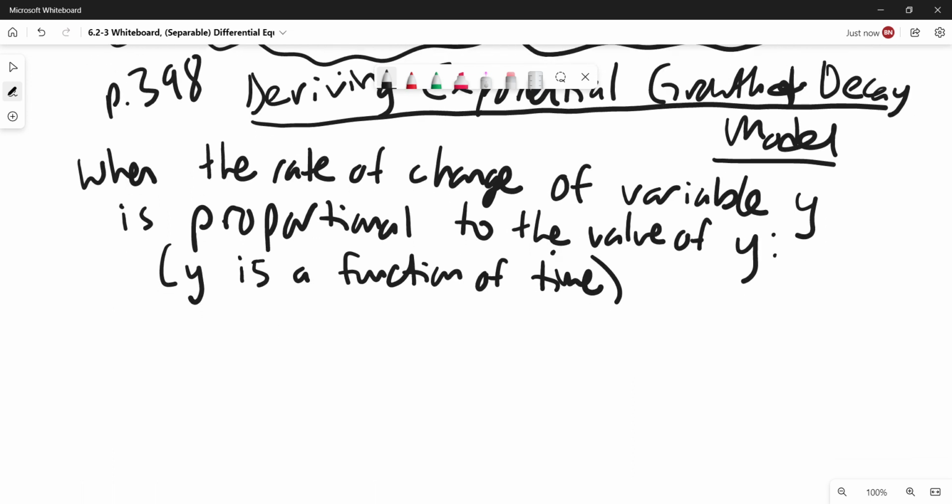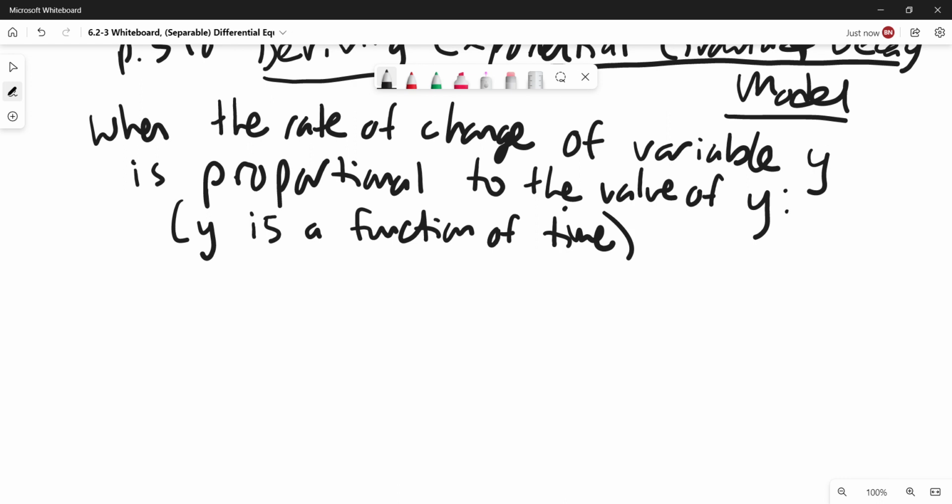This sounds kind of strange, but the rate of change of y is proportional to the value of y. For example, this is like continuously compounding interest. The more money you have, the faster your interest compounds.